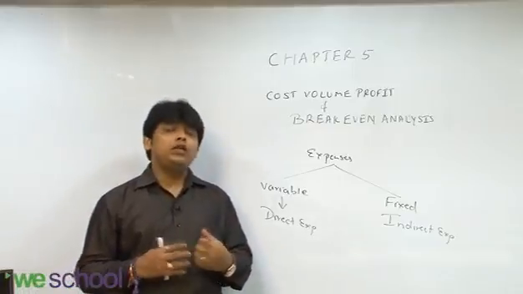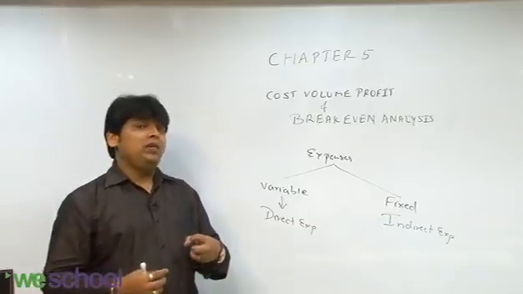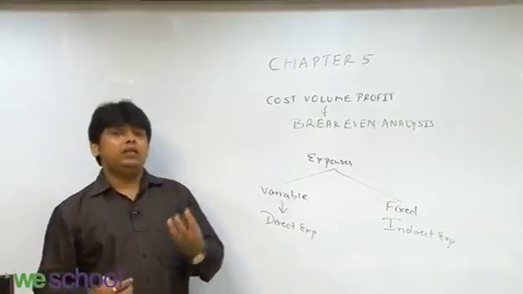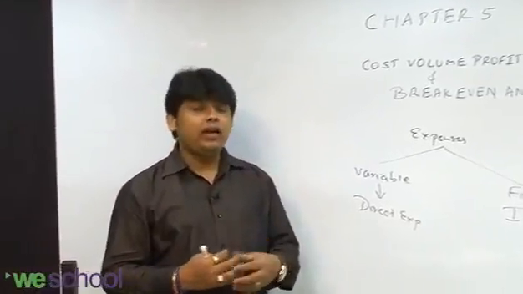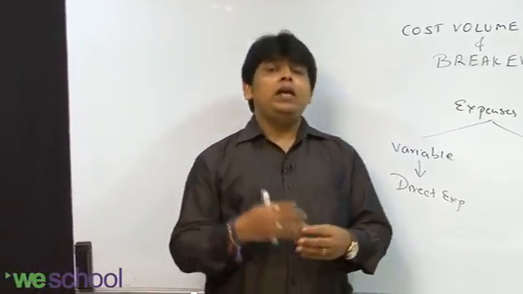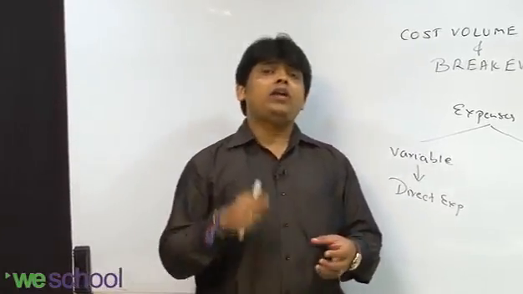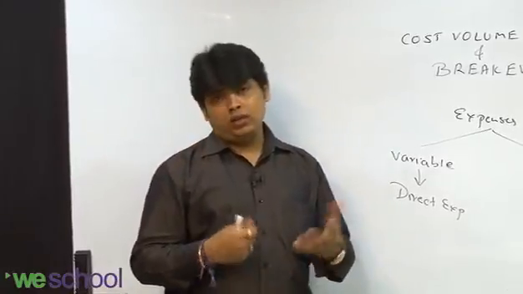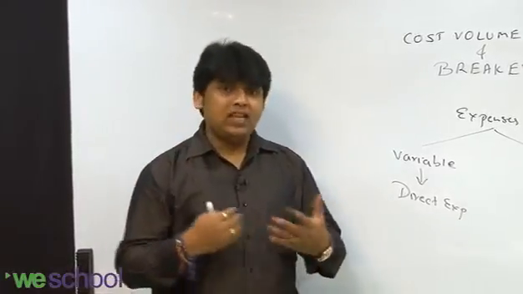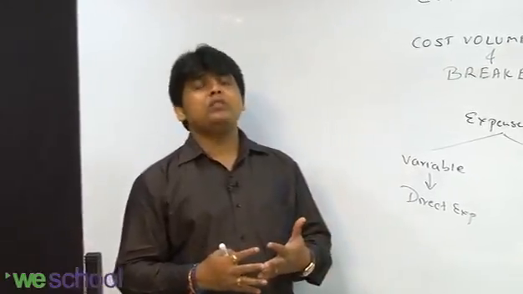Then cost depends on product mix. Now, what do you mean by product mix? Sometimes we have to sell the products together as a combination. For example, if I am selling a car, along with that car I have to give a jack and a toolbox to the customer, because the jack will help them replace the tire which is punctured.